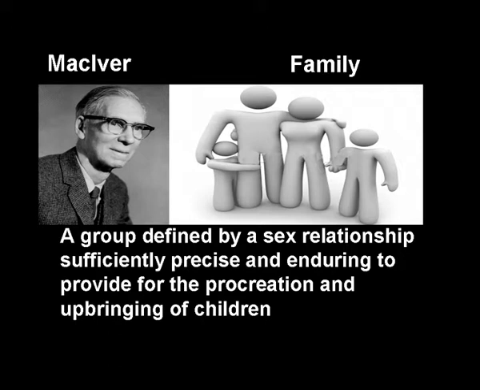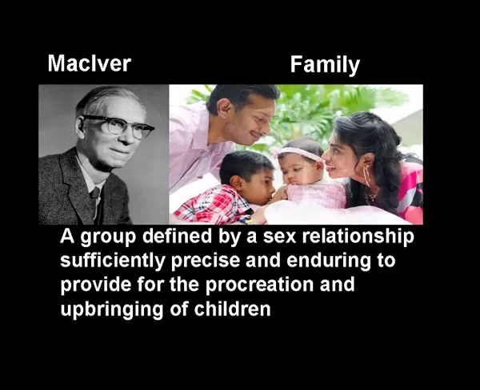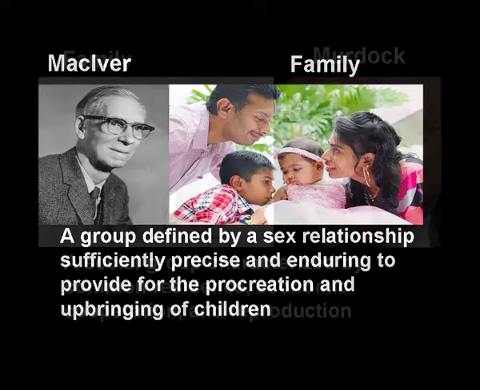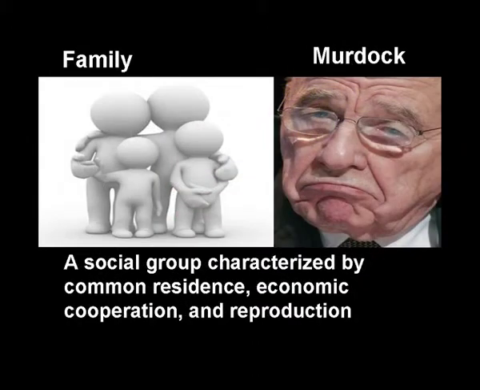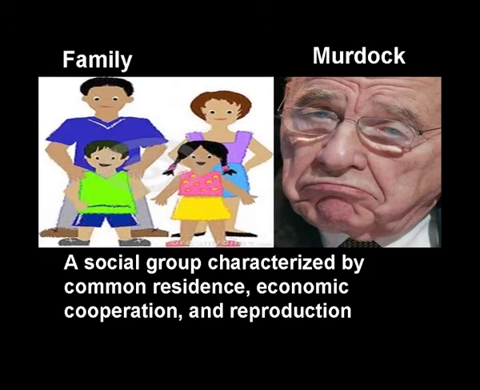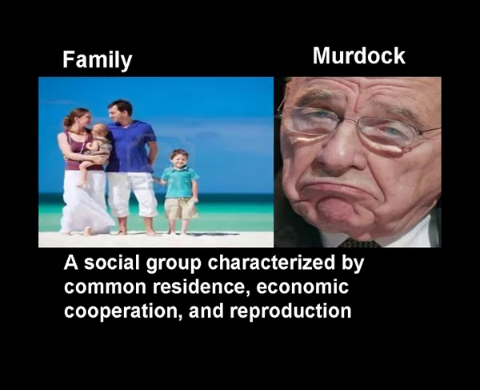McIver defines family as a group defined by a sex relationship sufficiently precise and enduring to provide for the procreation and upbringing of children. Murdoch defines family as a social group characterized by common residence, economic cooperation and reproduction.